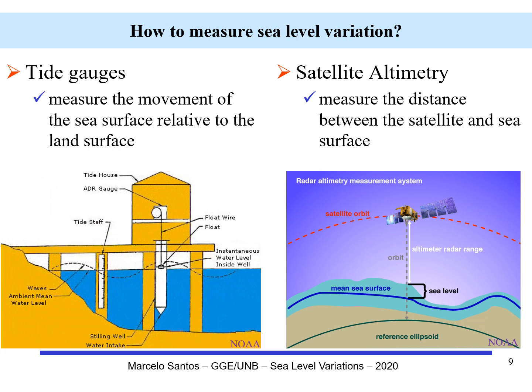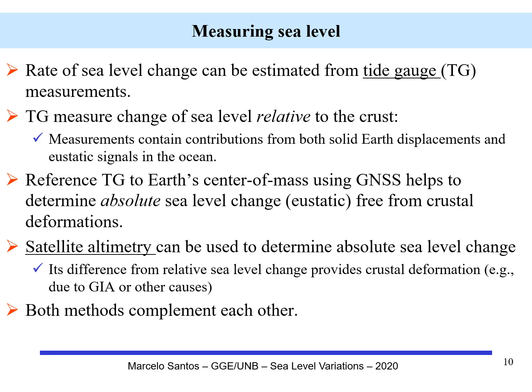Satellite altimetry provides a global perspective as it orbits the Earth, and the onboard GNSS receivers provide a global reference frame. The rate of change of sea level can be estimated from tide gauge measurements. Tide gauge measures the change of sea level relative to the crust.